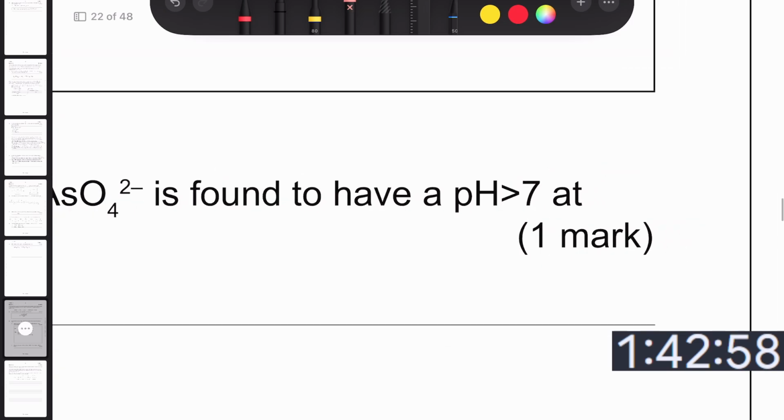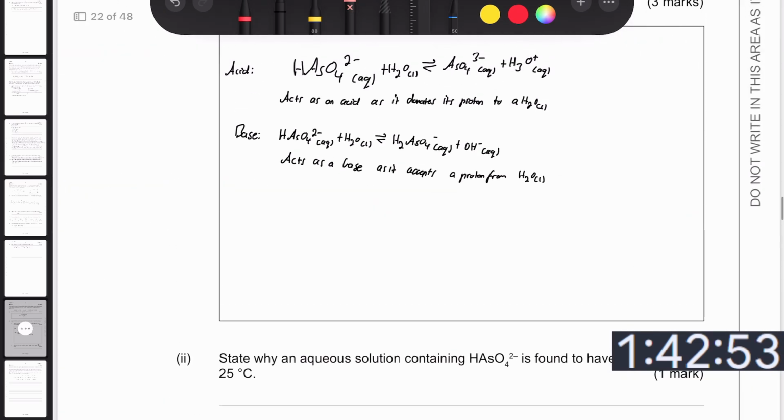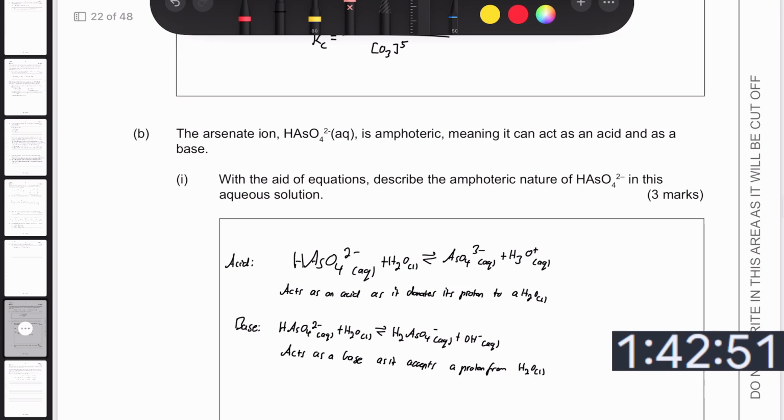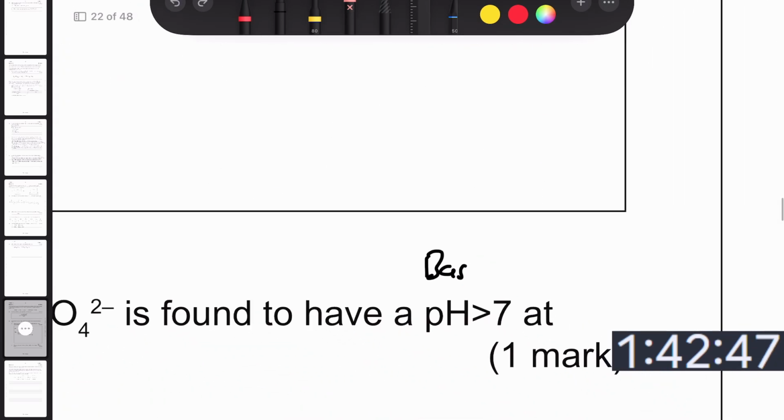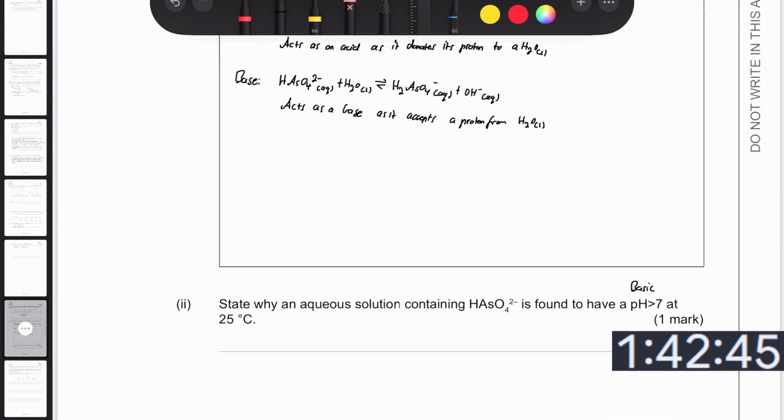So pH greater than 7 means that it's basic. Well, I have no information that will tell me that.